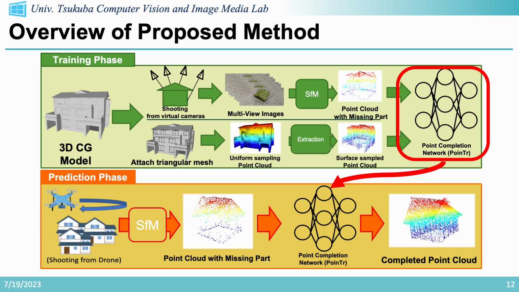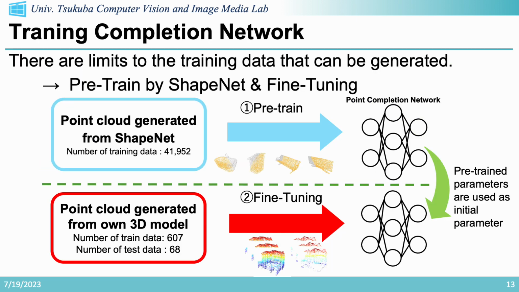Next, I would like to talk about network training. The number of point clouds that can be generated depends on the amount of original CAD models. However, since it is quite difficult to collect a large amount of building CAD data, the network is pre-trained on ShapeNet, which is a large dataset of CAD models.